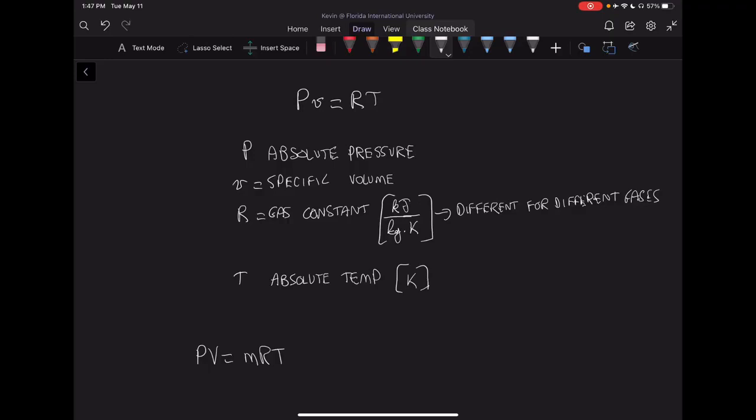Now, the chemical version of the equation that uses the universal gas constant, which is universal between all the gases, is PV is equal to nRuT, where Ru is the universal gas constant.